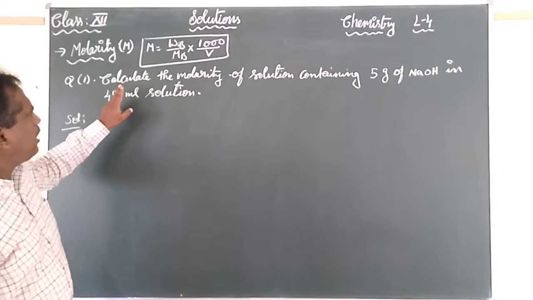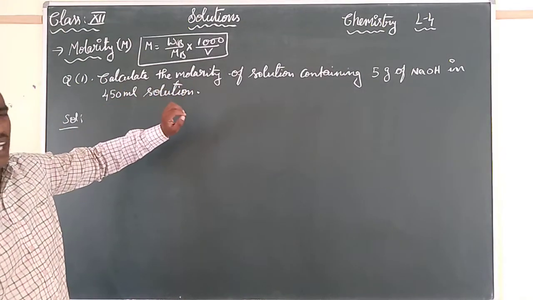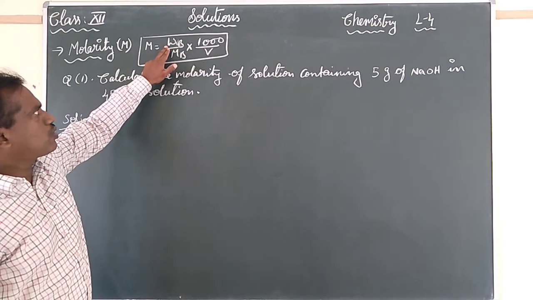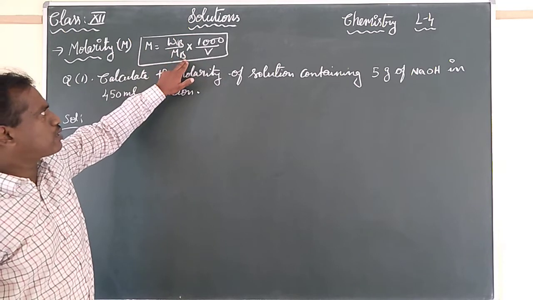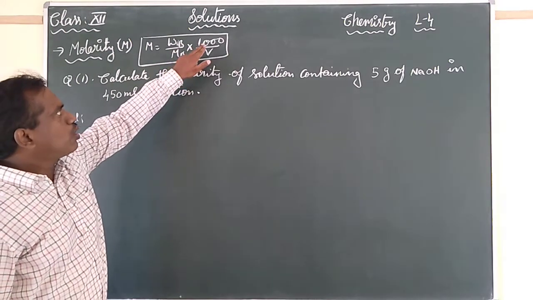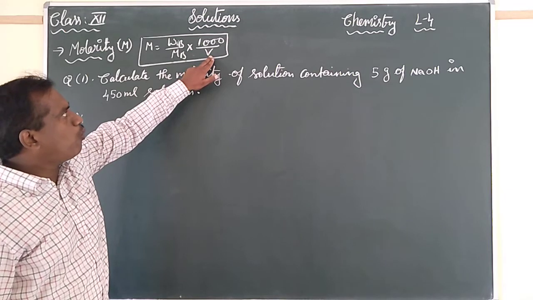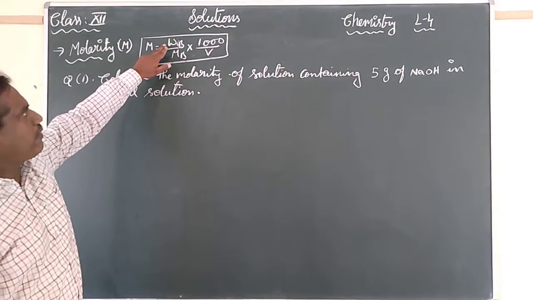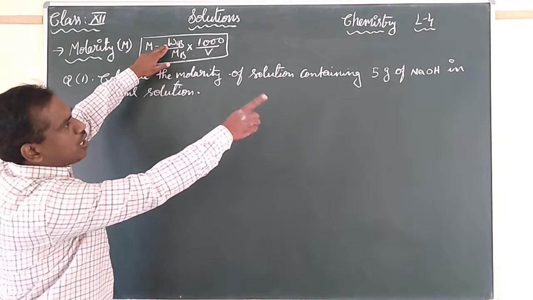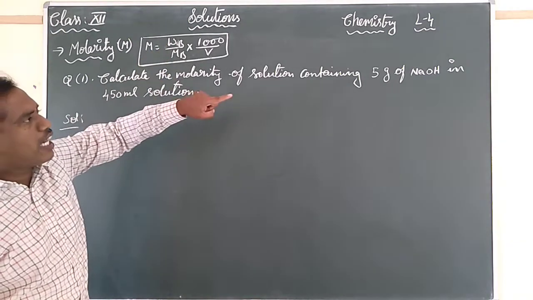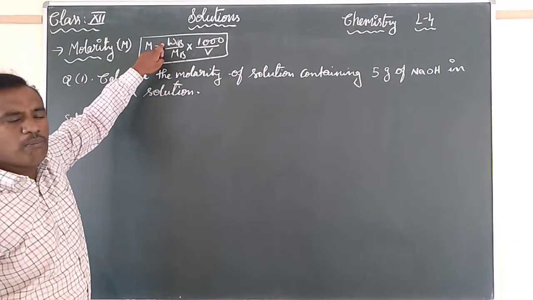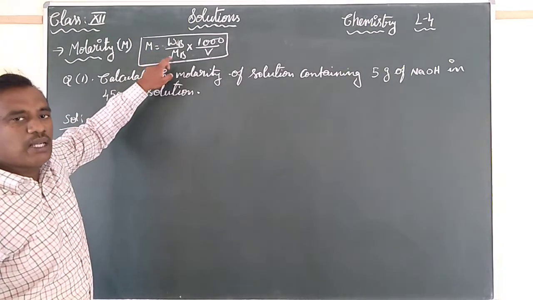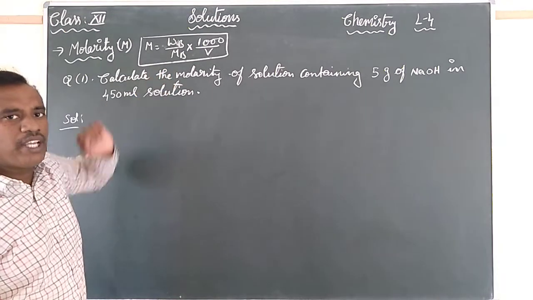We know the formula: molarity is equal to mass of the solute by molar mass of the solute into 1000 by V, the volume of the solution. In this question, 5 grams of NaOH means the mass of the solute is given, but MB, the molar mass of the solute, needs to be calculated.